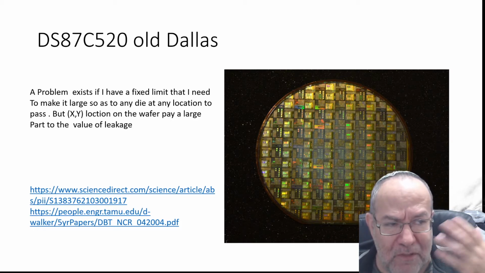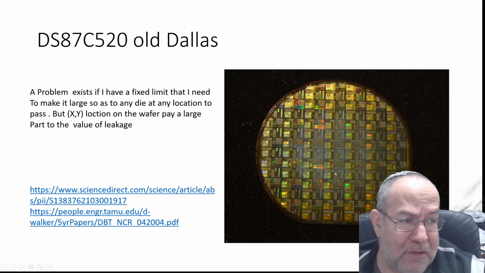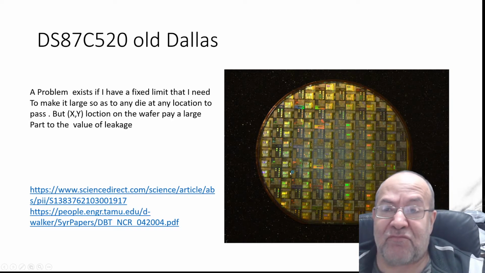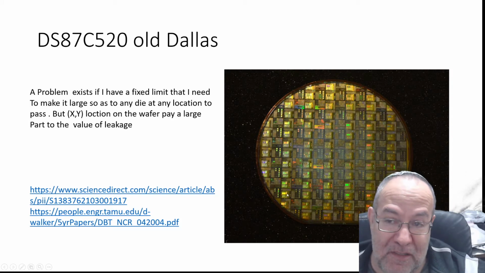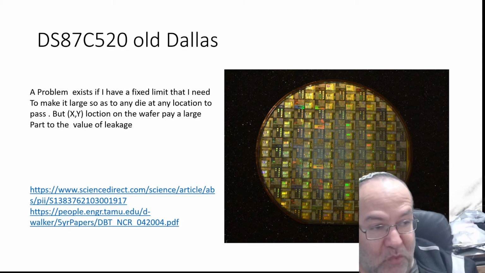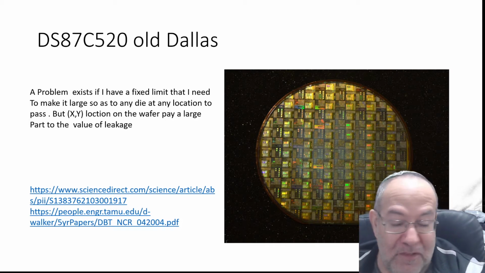As it pushed the limit up, the next dies down the road would all pass. So you'd have almost a 100% failure of this XY location. Okay, one die which was sacrificed for the yield of the wafer.